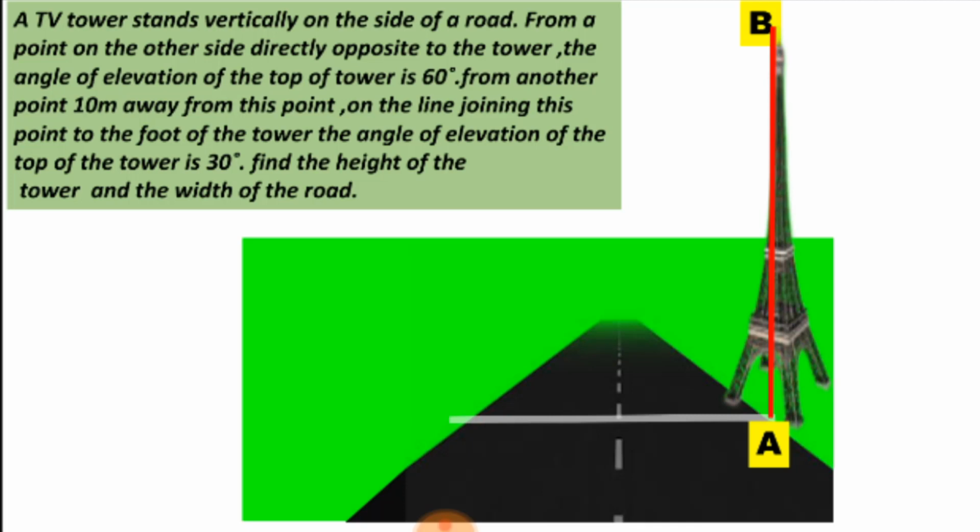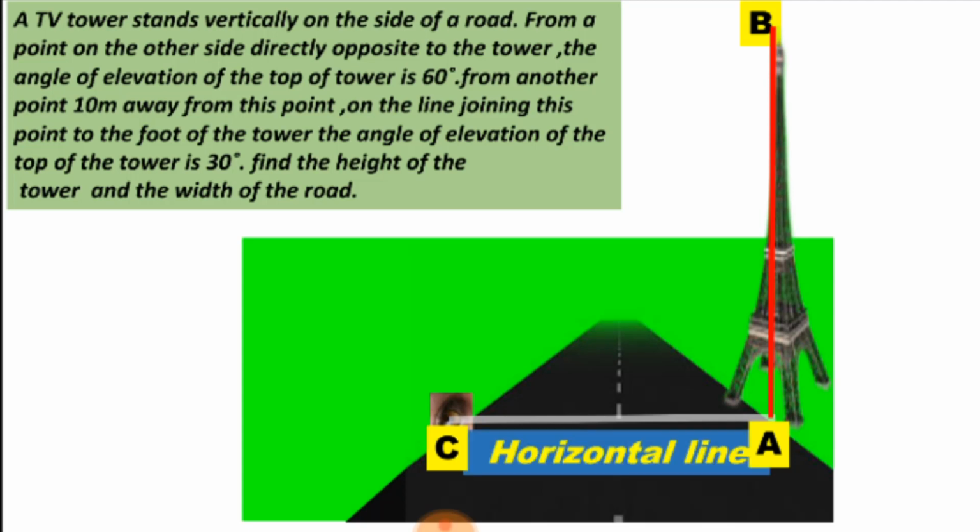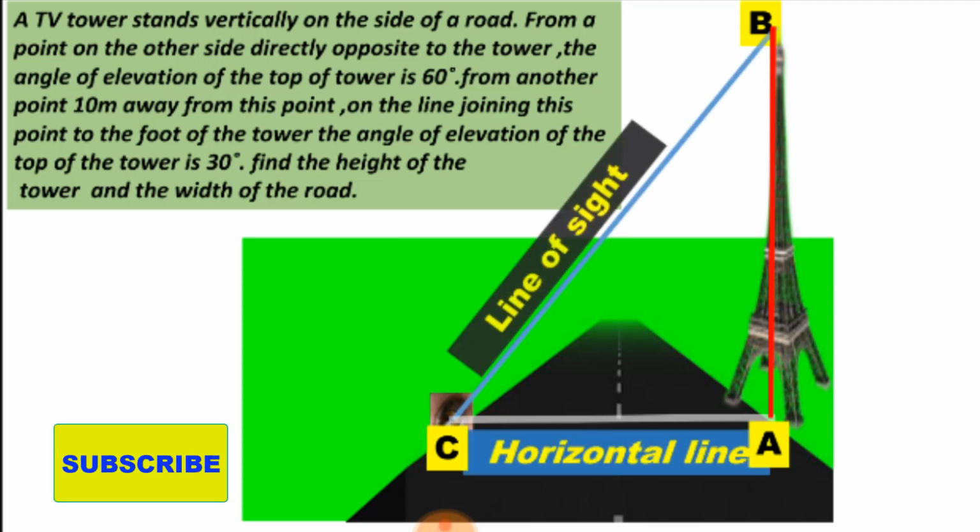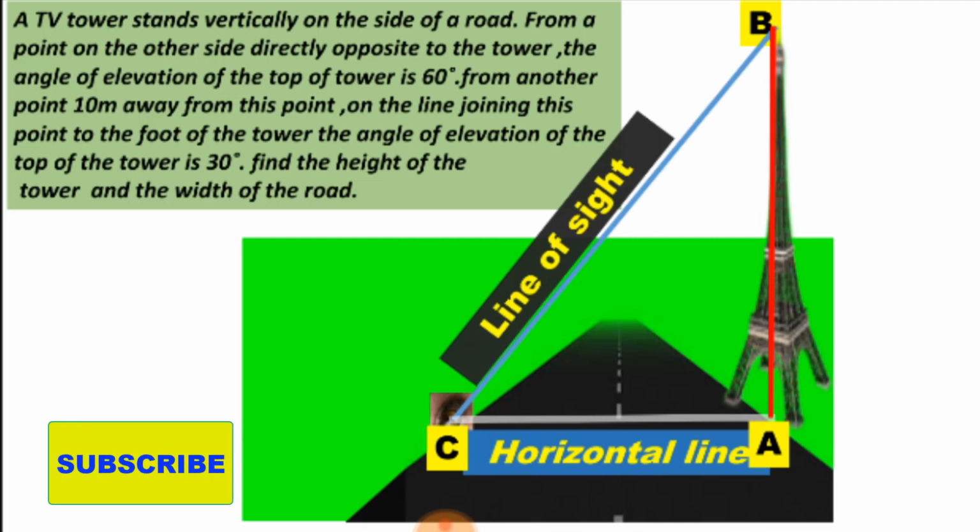Let us consider the point directly opposite to the tower on the other side of the road as C. From this point C, the observer is observing the top of the cell tower with an angle of elevation of 60 degrees.